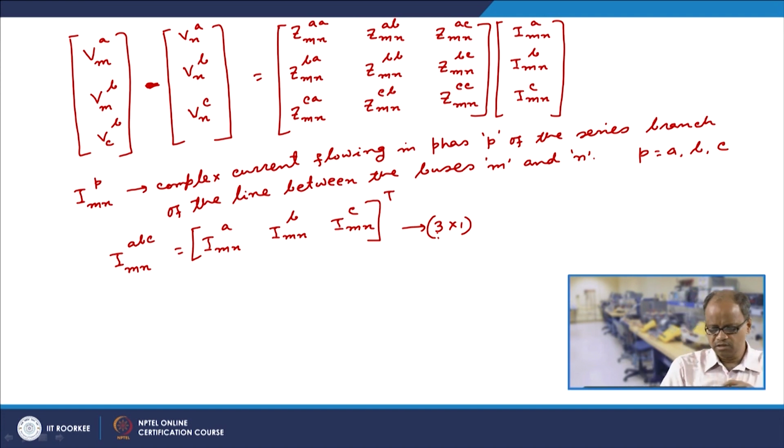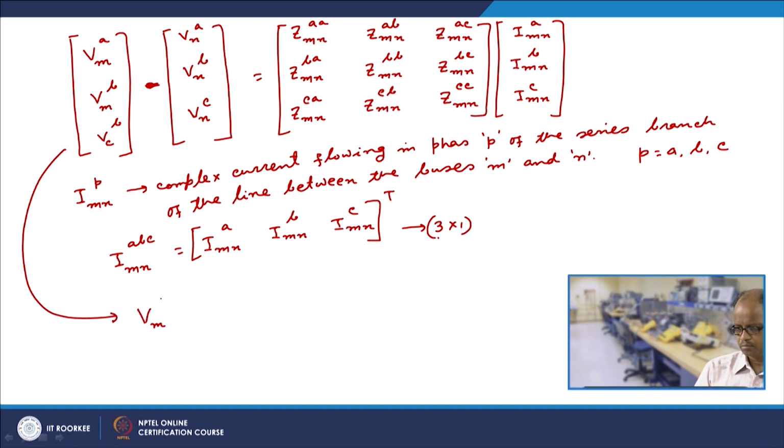Then therefore, this equation can be written as Vm ABC minus Vn ABC is equal to Zmn ABC into Imn ABC.